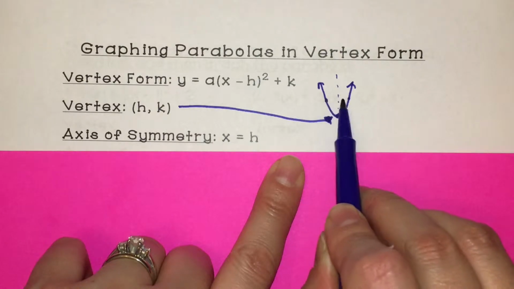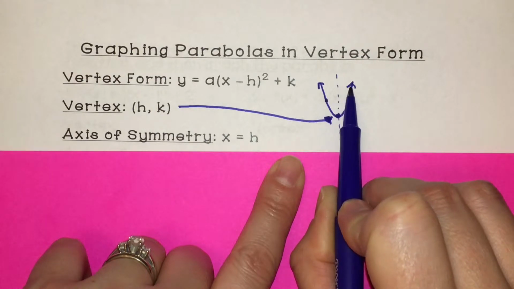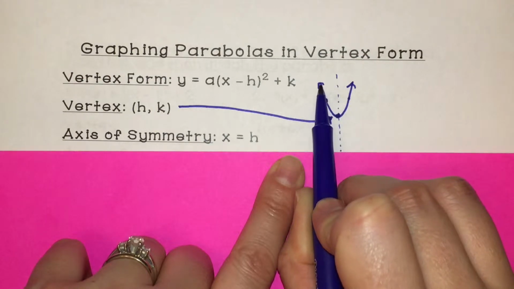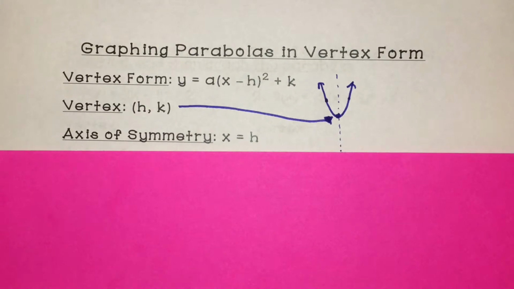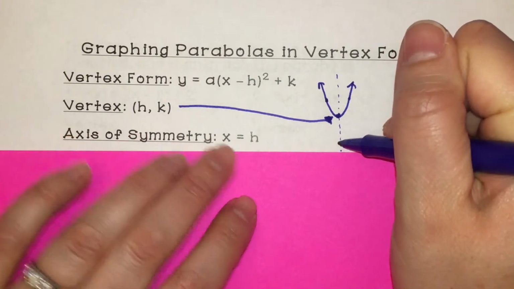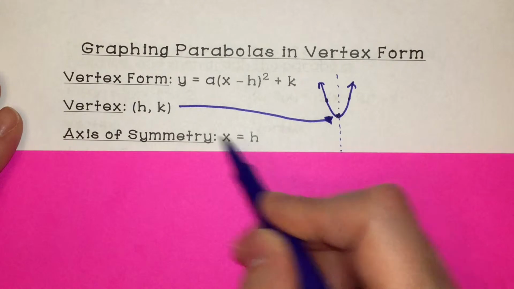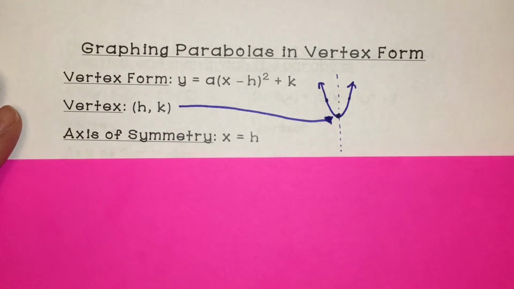So this distance will be the same as this distance. Same thing if you went up a little. This distance should be exactly the same as this distance. So that's just what the line of symmetry is. And it's x equals your h value because it goes through the x-axis at the vertex where your x value is also h.